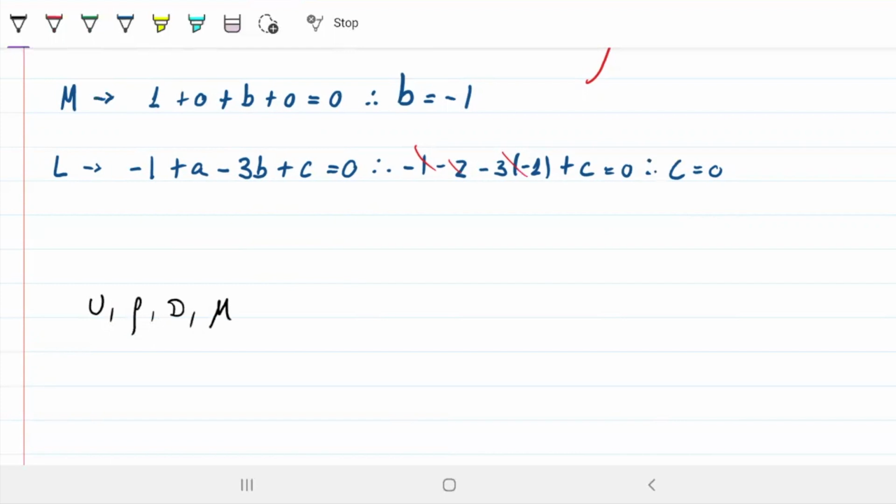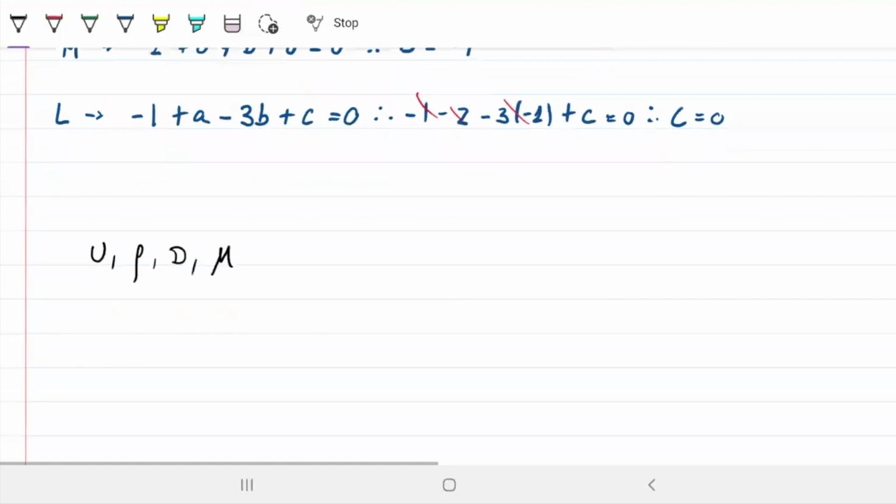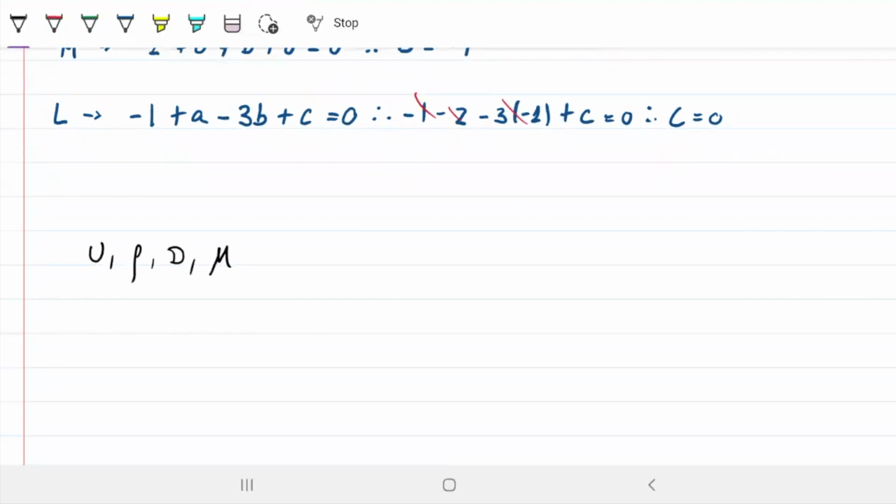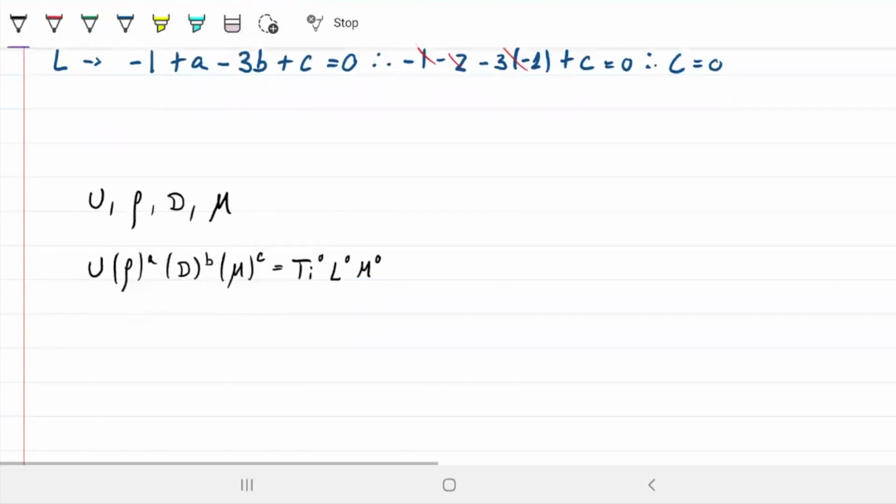Okay, same thing applies. We're going to do exactly the same principle. We're just looking at these variables here. So my velocity times my density to the A times my diameter to the B times my viscosity to the C equals time to the 0, length to the 0, and mass to the 0. Right? So let's sub those guys in again. What was the velocity? Length per time.